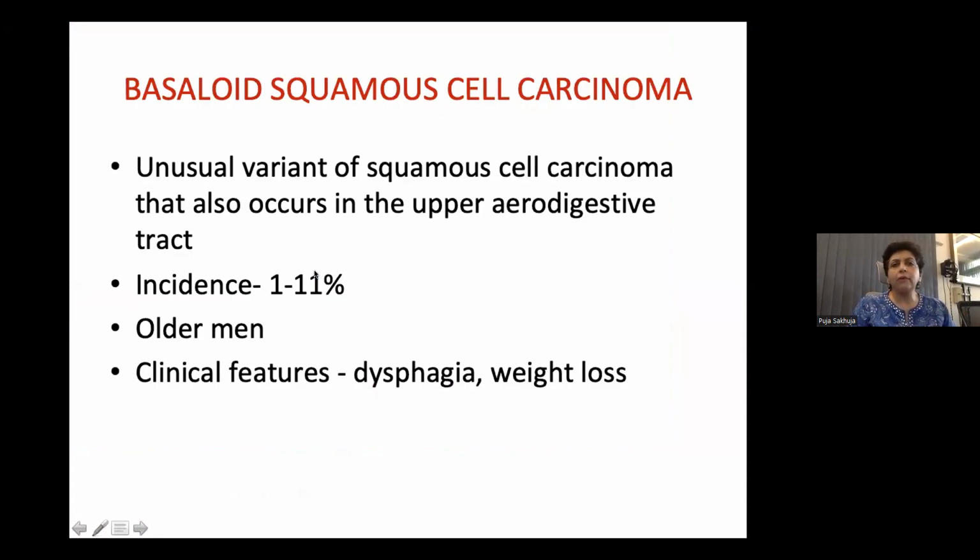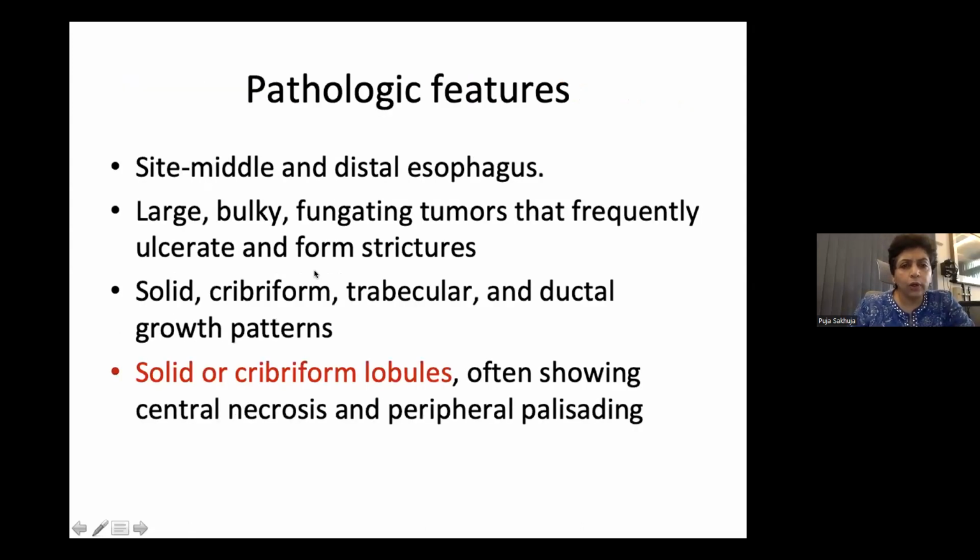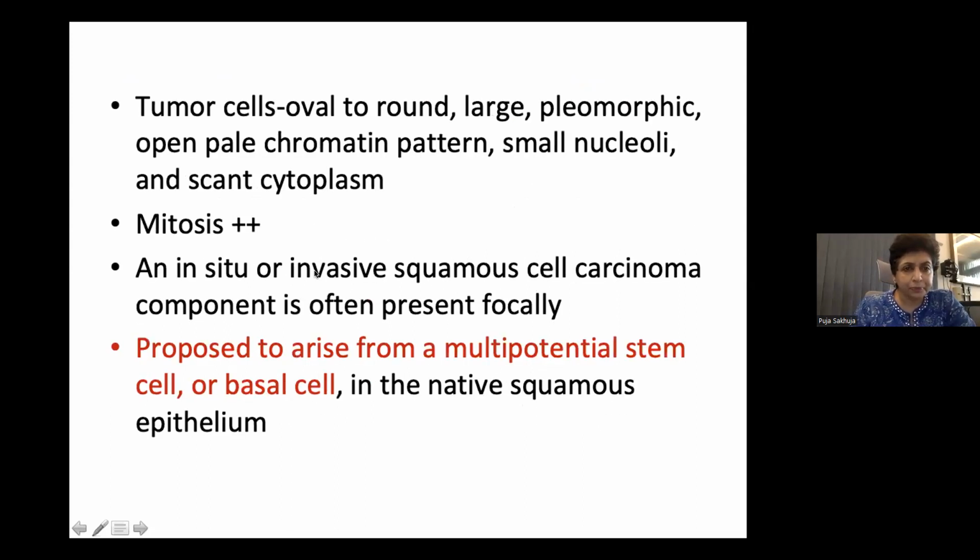Then sometimes we have a variant called basaloid squamous cell carcinoma, more common in the GIT, obviously, in the esophagus or then in the anal canal, and usually seen in older men. And this again can be seen, in fact, sometimes in the middle and distal esophagus, and therefore we have to confirm using the special stains.